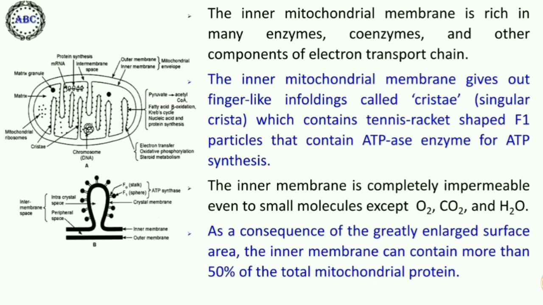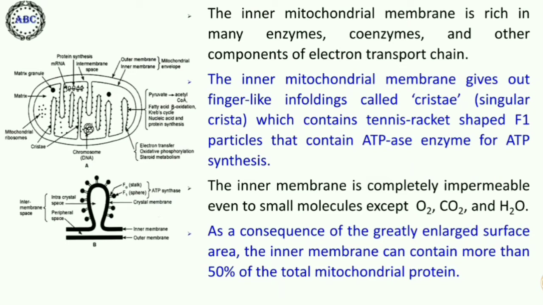The inner mitochondrial membrane is rich in many enzymes, co-enzymes and other components of the electron transport chain. It gives out finger-like infoldings called cristae. Singular, it is called crista, which contains tennis racket shaped F1 particles that contain the ATPase enzyme for ATP synthesis.